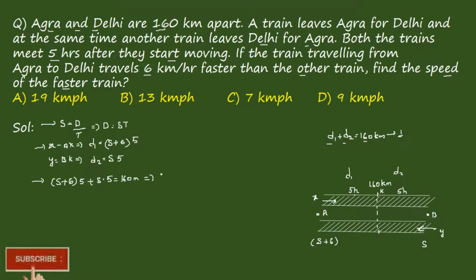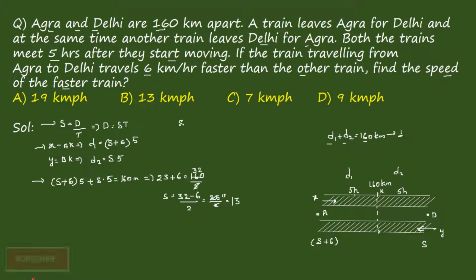It becomes 2S plus 6 is equal to 160 by 5, which goes to 32. Then S is equal to (32 minus 6) by 2, which is equal to 26 by 2, which goes to 13.